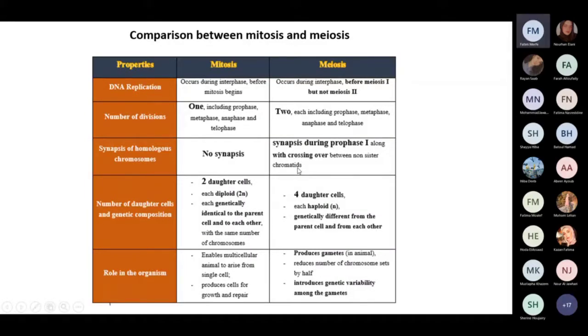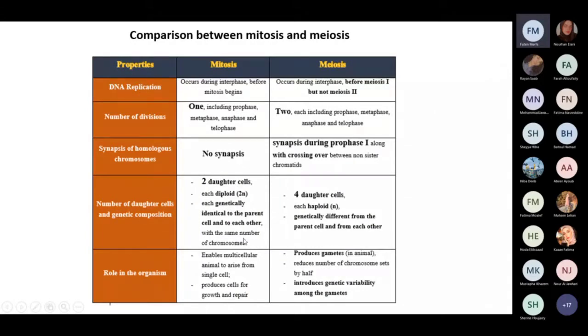The number of daughter cells in the mitosis, we generate 2 daughter cells, which are diploid, having 2N chromosomes, 2 sets of chromosomes, and the daughter cells are completely identical to the parent cells, okay, because they still have the same genetic material.